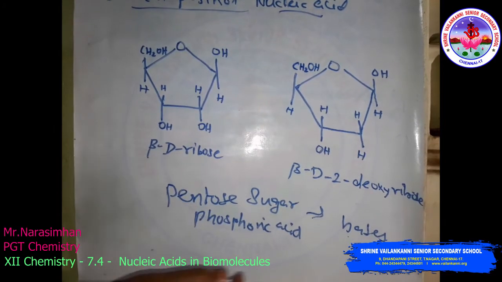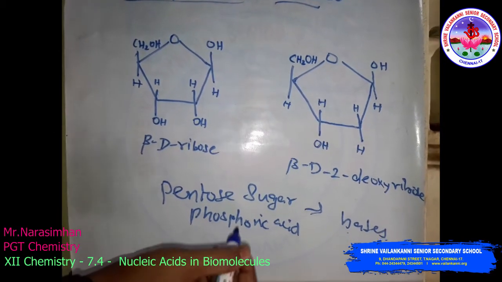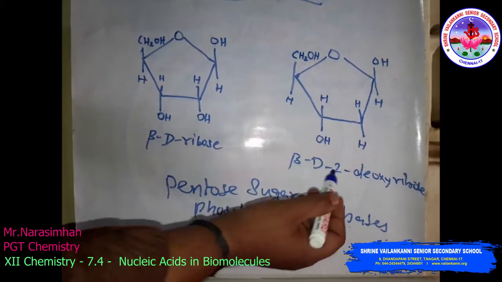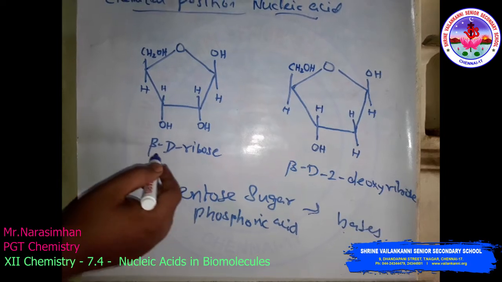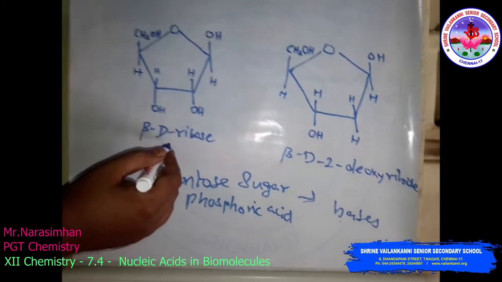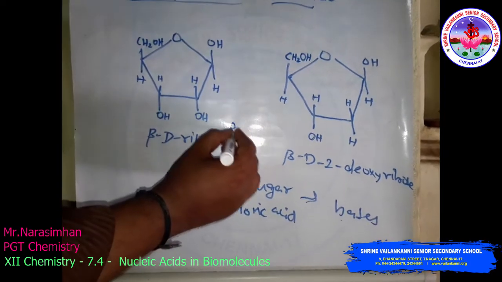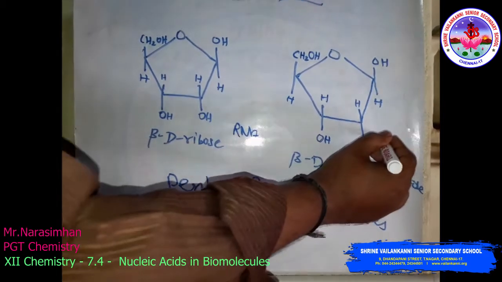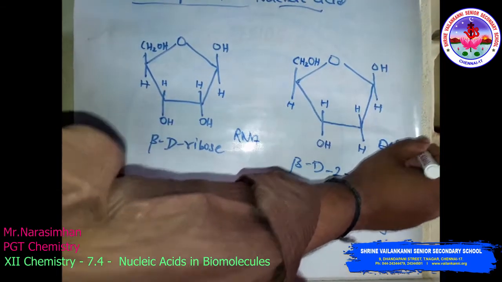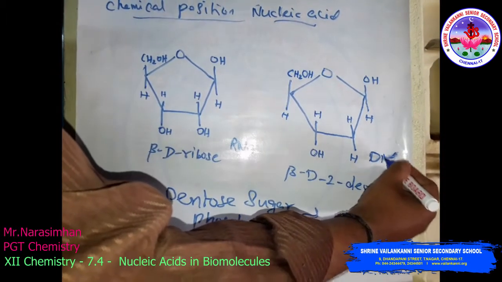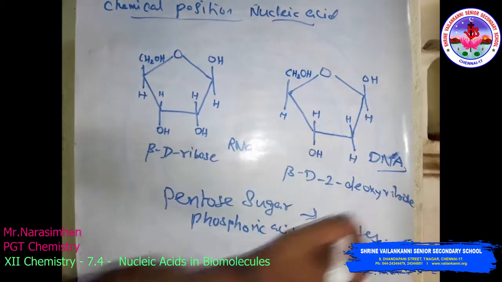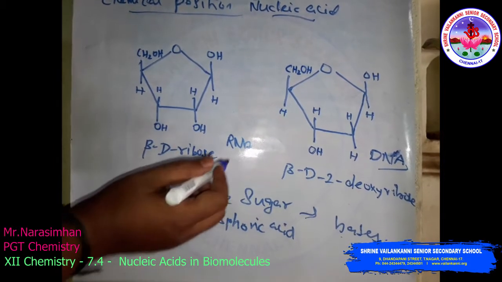In a DNA molecule, the sugar moiety is beta-D-2-deoxyribose, whereas in an RNA molecule it is beta-D-ribose. This is an RNA molecule and this is a DNA molecule. See the difference between these two.